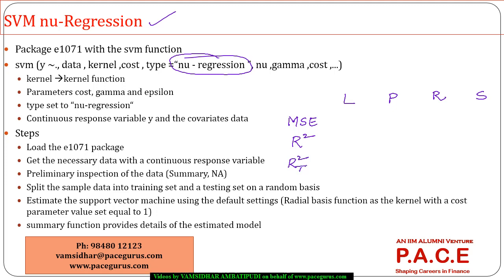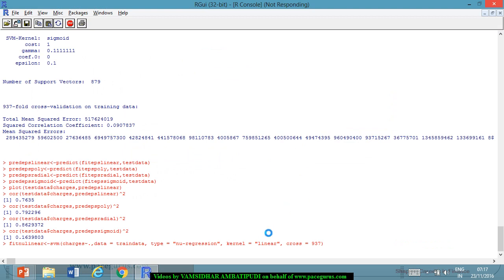So this is what we can very well see. Probably we can compare it with respect to the epsilon regression that we have got in the earlier case as well. So let me see how the nu regression is working with respect to each of the four kernels. See what is the kind of difference that is working out in the estimates of each of these models.